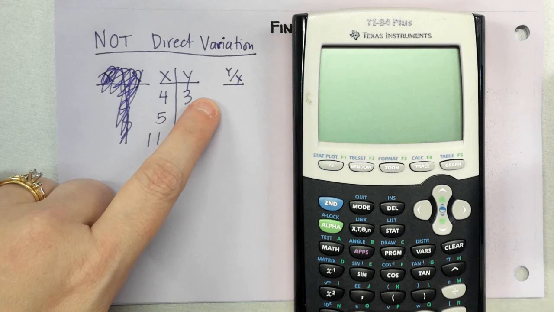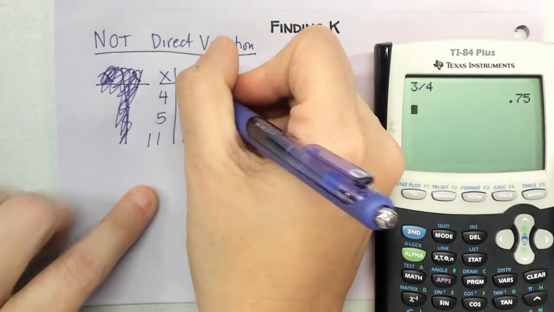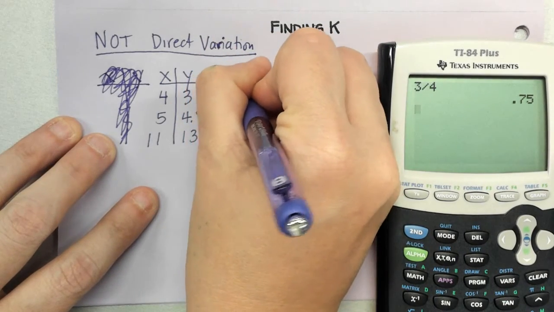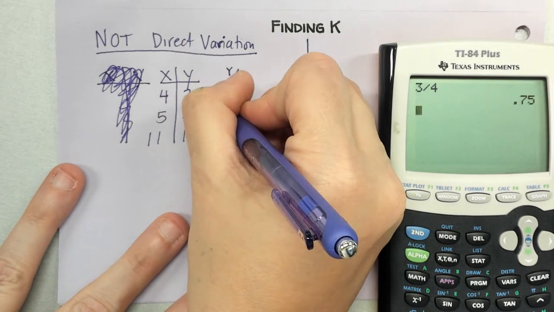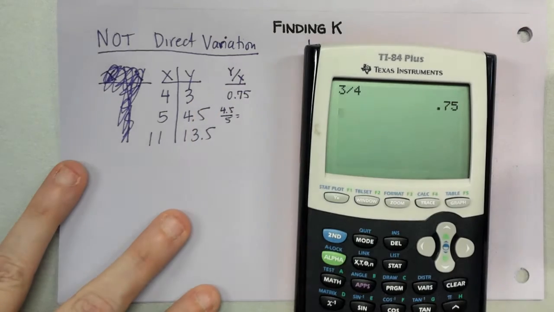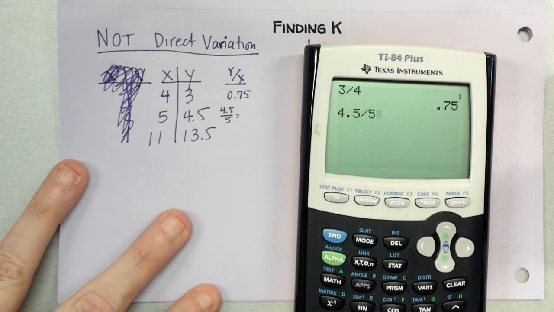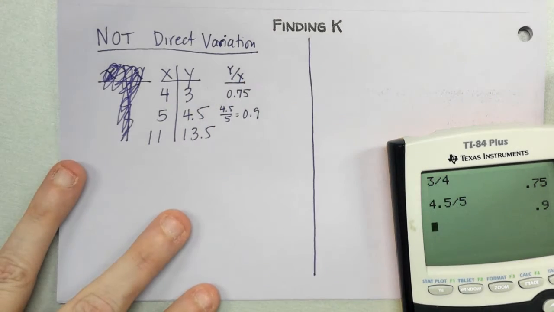So y is 3, and 3 divided by 4 is 0.75. And then 4.5 divided by 5 gives me 0.9. So is this direct variation?